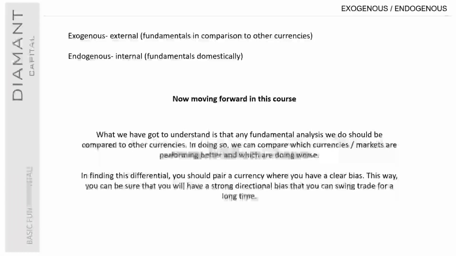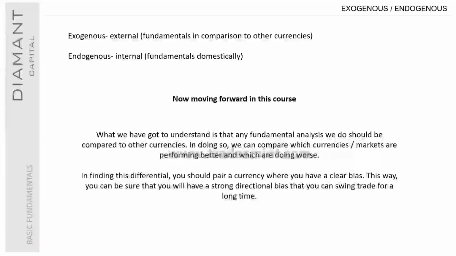In doing so, we can compare which currencies and markets are performing better and which are doing worse. In finding this differential, you should pair a currency pairing in a way where you have a clear bias. This way, you can be sure that you have a strong directional bias and that you can swing trade in that bias for a long time.